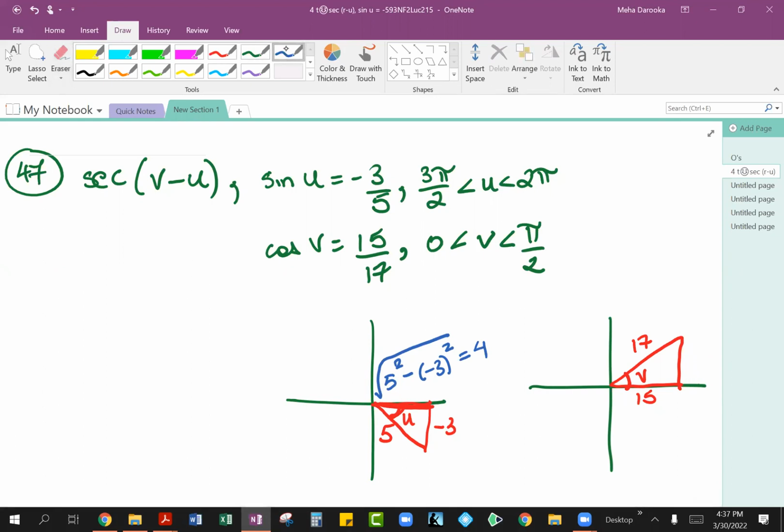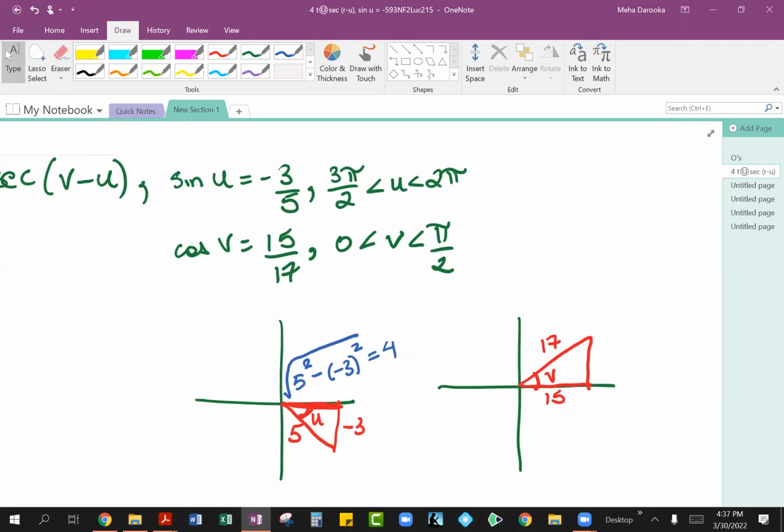In that same way, we will be simplifying the v triangle and trying to find that missing side. Remember, you're basically using the Pythagorean theorem over here. So what will you get for the missing side here?